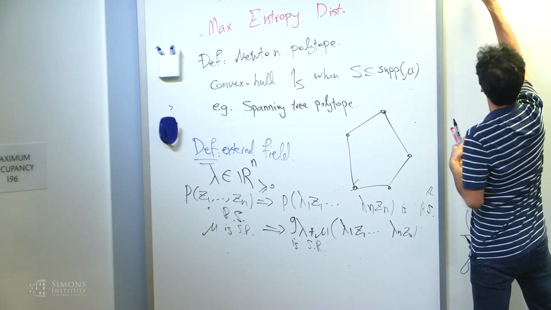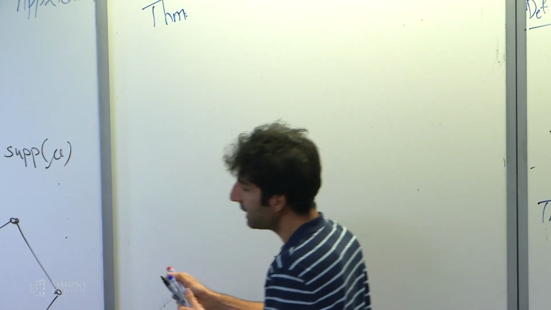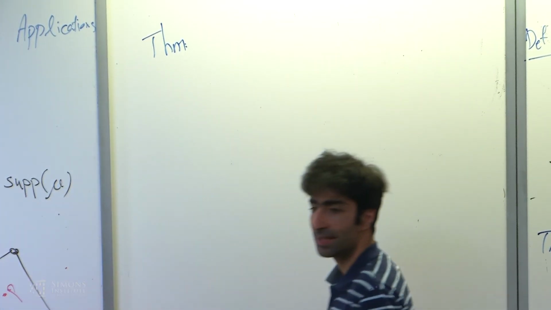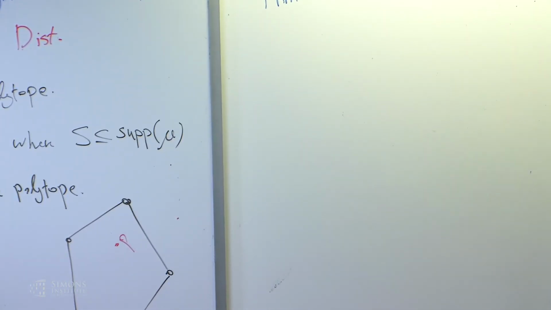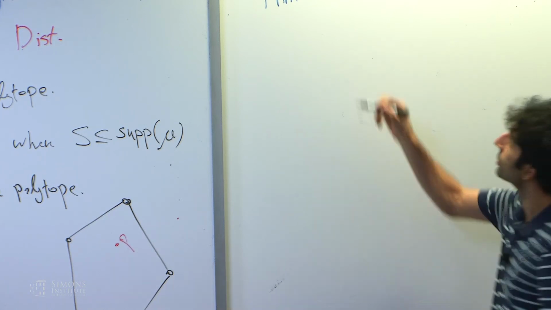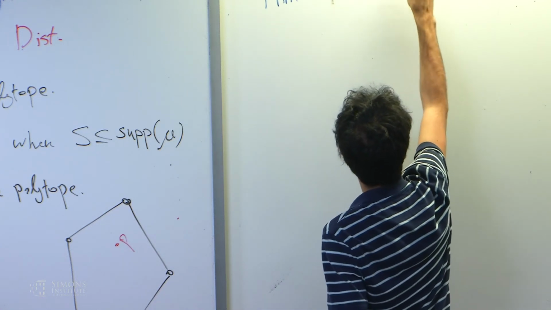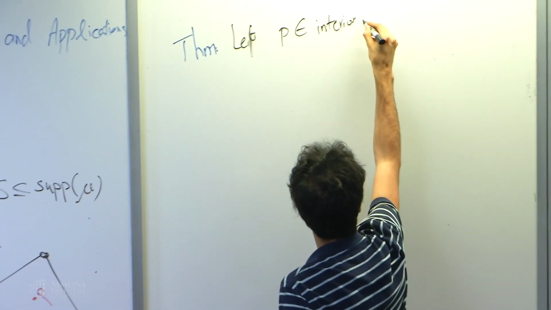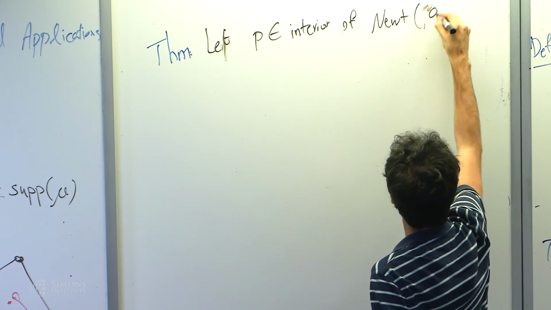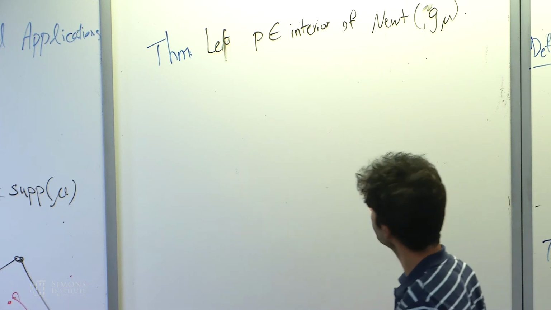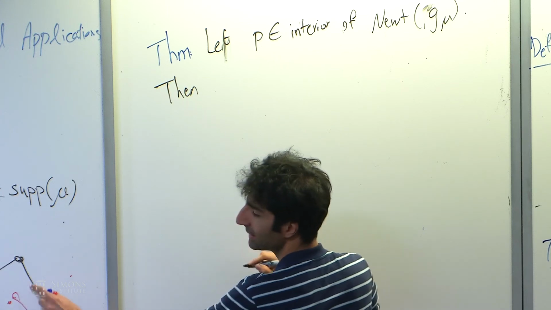So I want to say this theorem. Let p be in the interior of the Newton polytope of g_mu, your strong Rayleigh distribution. Interior means that it's not on the faces.